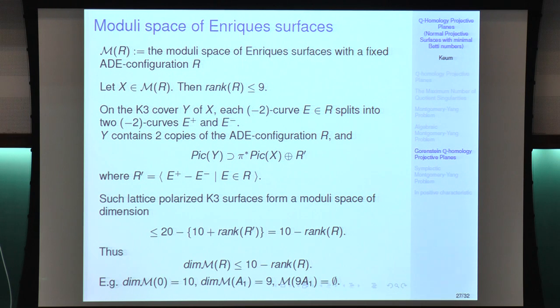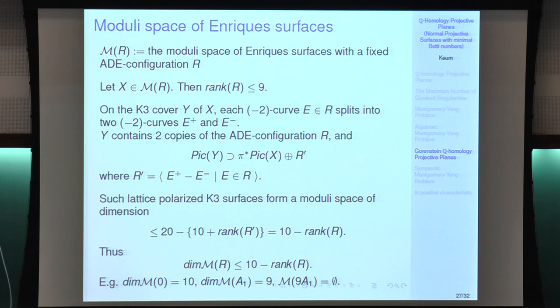So if R is 0, then we have the total moduli space of all NK surfaces. If R is just A1, this means the NK surfaces with at least one smooth rational curve, called nodal NK surfaces. In this case, this is dimension 9. We know that this is bounded by 9, but actually this is 9.